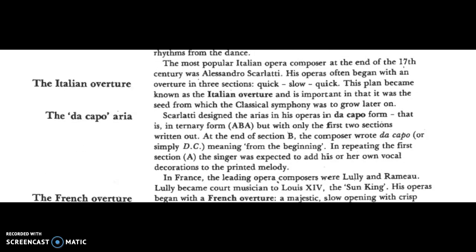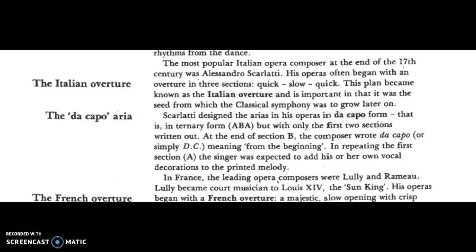His operas often began with an overture in 3 sections, quick, slow, quick. This plan became known as the Italian overture and is important in that it was the seed from which the classical symphony was to grow later on. So when we do the classical music, we're going to see and study and hear the Italian overture as well. So it's important that you know it has 3 sections and it's marked quick, slow, quick.